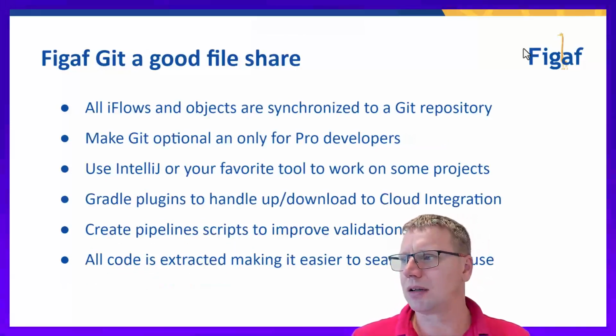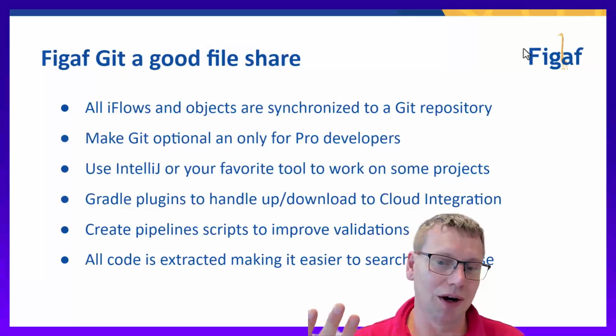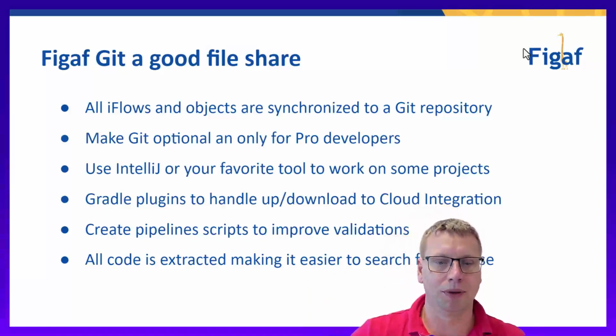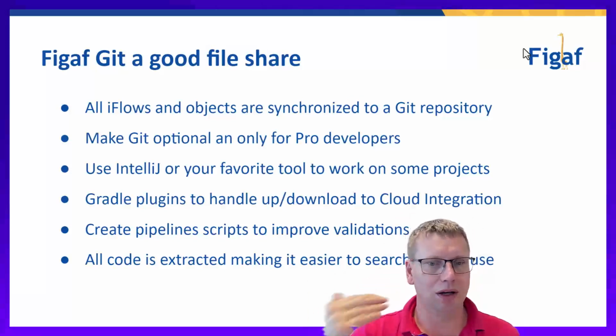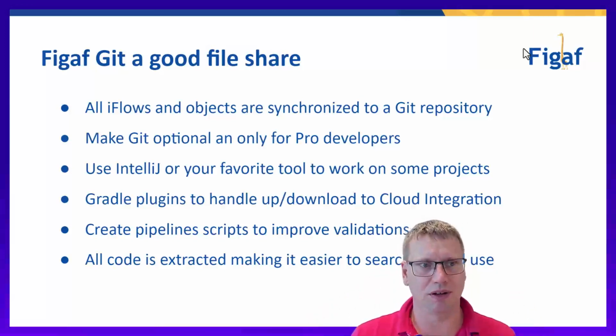The last part is, I started out saying Git was not really good. We also have our Git process, and the way we deal with this is more like a file share. Whenever FICAF sees that there's a change in an iFlow, it will update the Git repository with this iFlow, and then you have everything in it, both the iFlow script collections and all the objects that we have.